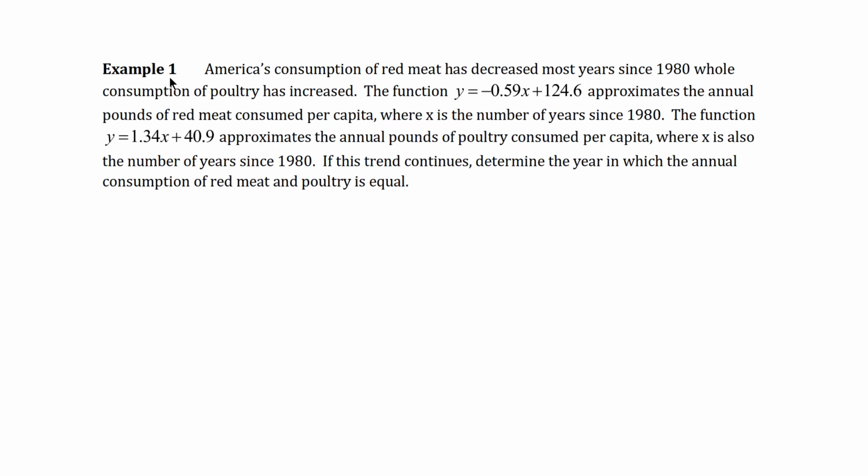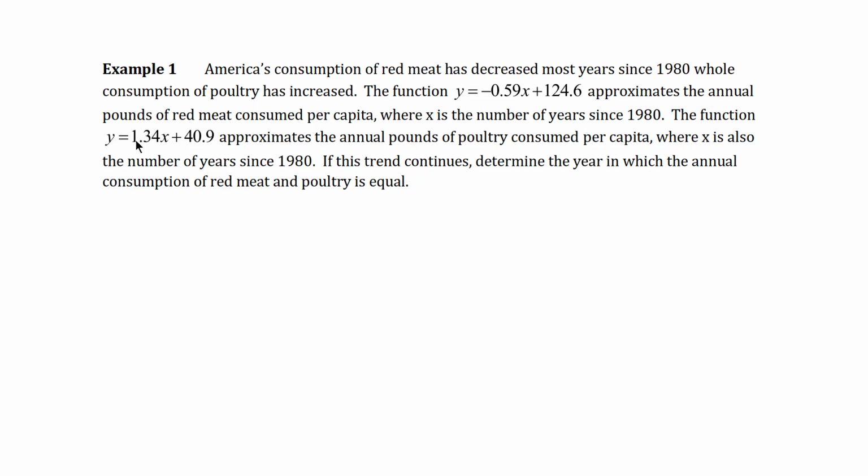For example number 1, America's consumption of red meat has decreased most years since 1980. Whole consumption of poultry has increased. The function y equals negative 0.59x plus 124.6 approximates the annual pounds of red meat consumed per capita, where x is the number of years since 1980.